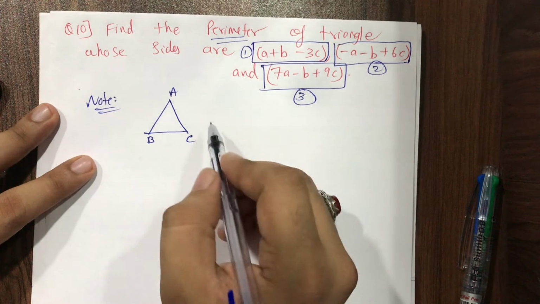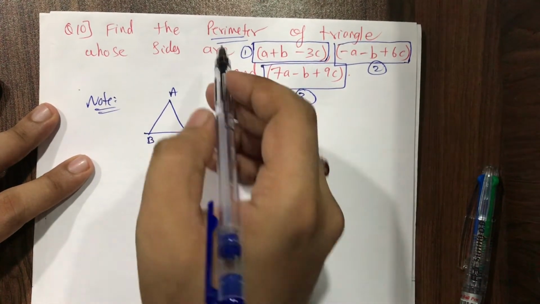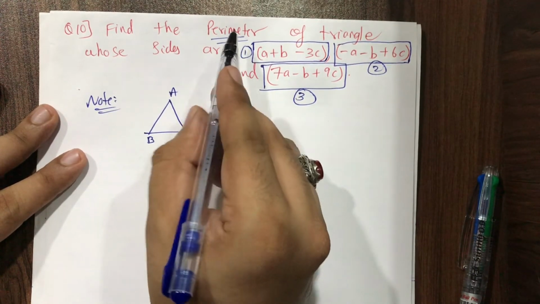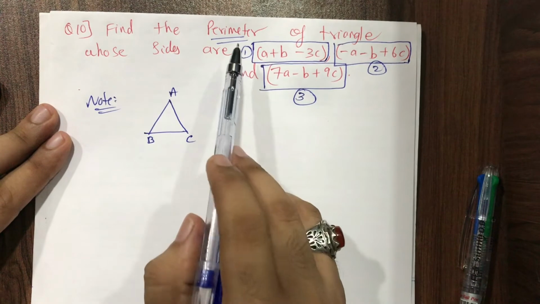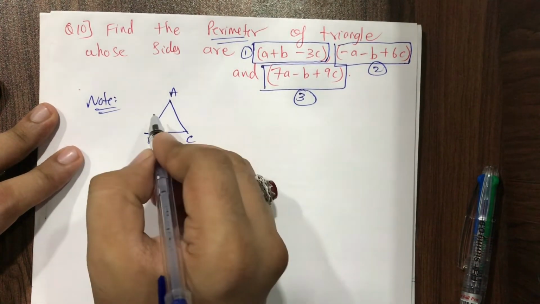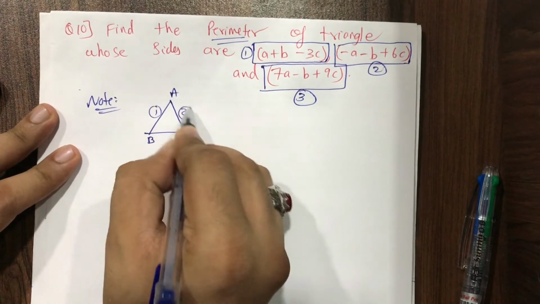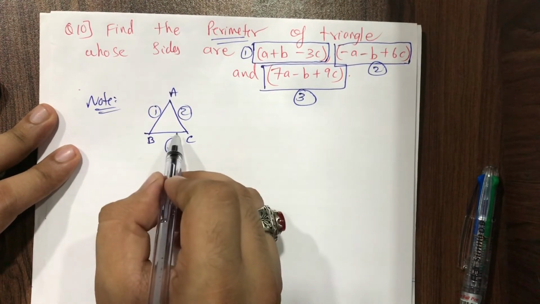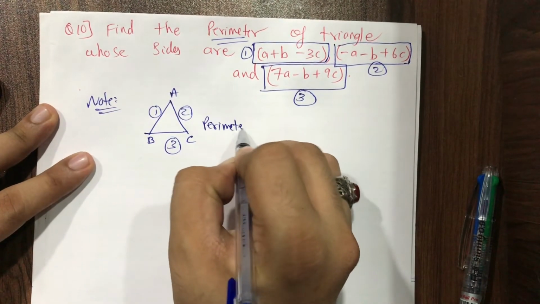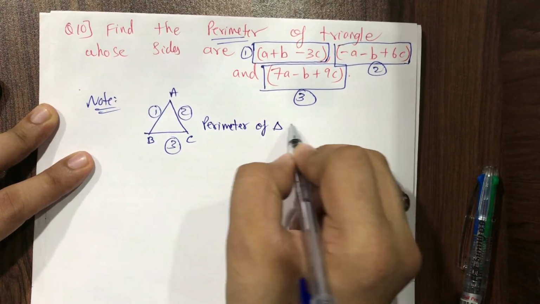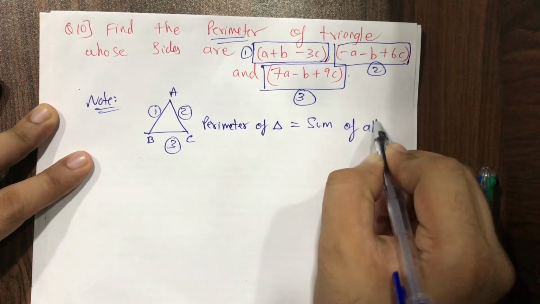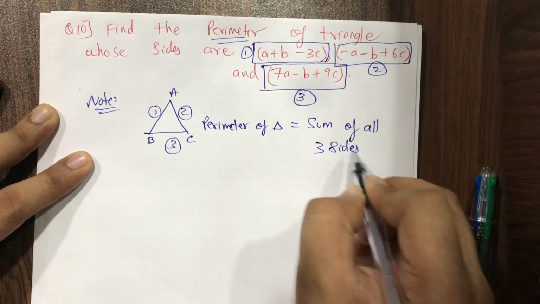Now what do you mean by perimeter? The word perimeter, students, pay attention, means sum of all boundaries, addition of all boundaries. Now in a triangle we have 3 boundaries, first, second and third. So the formula for the perimeter of a triangle will be the sum of all 3 sides.